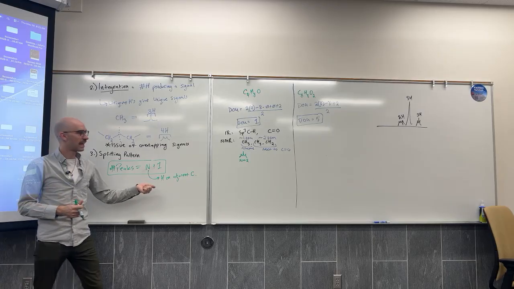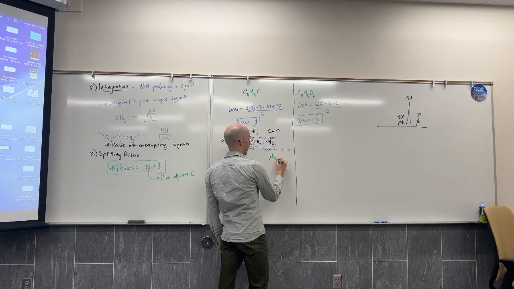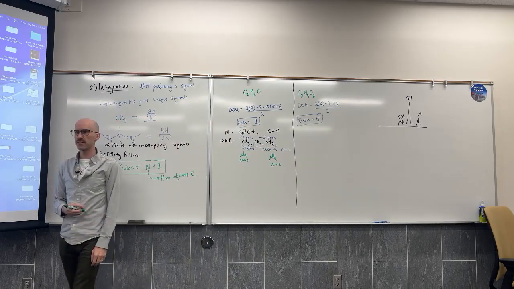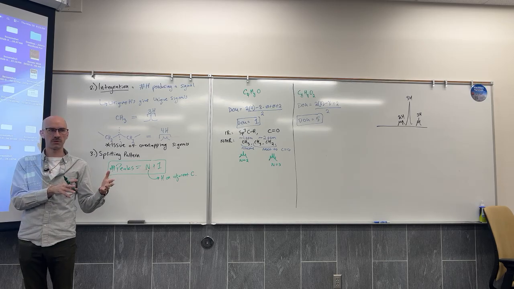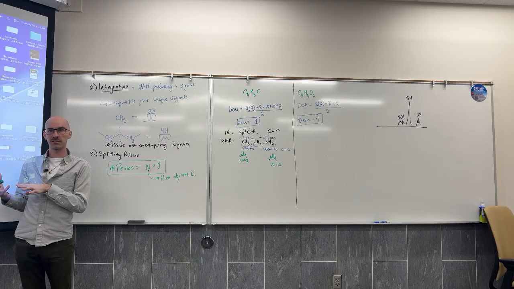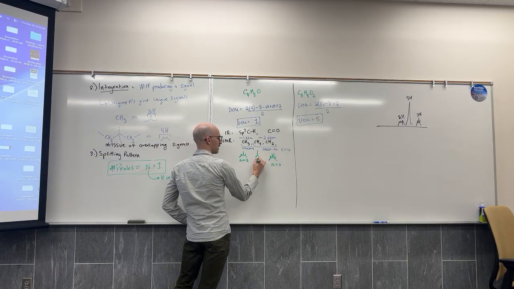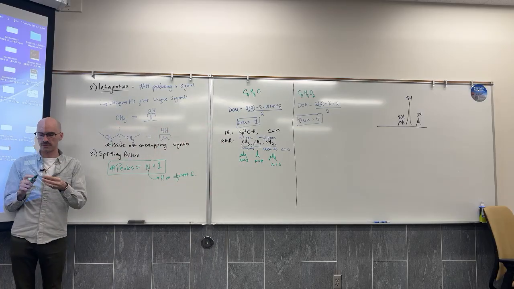Where are those 2 neighbors? Well, I have a CH2 that has 4 peaks, which means that it has 3 neighbors. They're probably neighbors to each other. The reason that one signal is split into a quartet is the same reason that the other signal is split into a triplet. And my last CH3 is a singlet, which means that it has 0 neighbors.